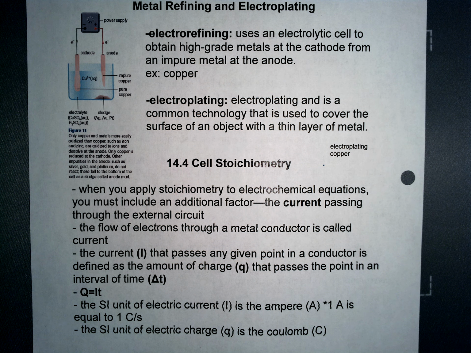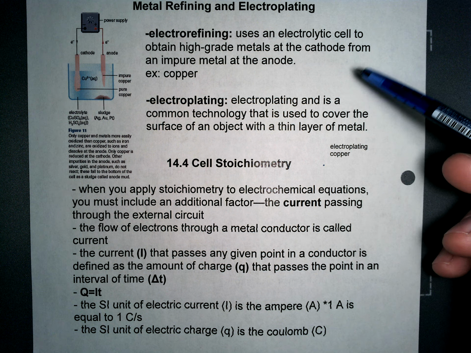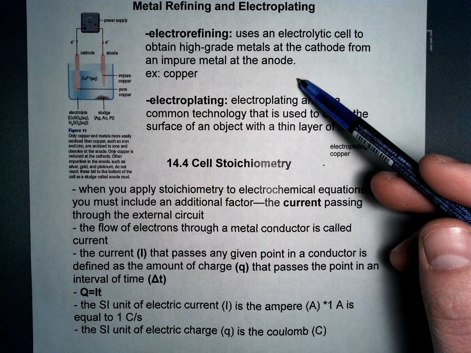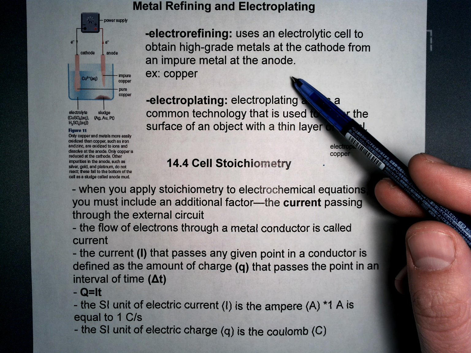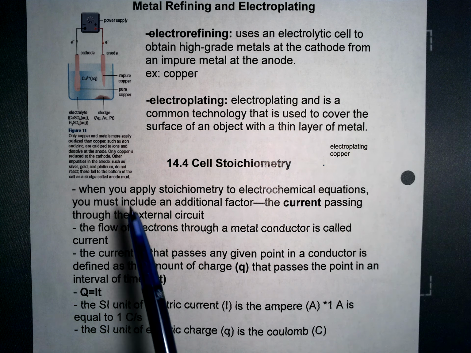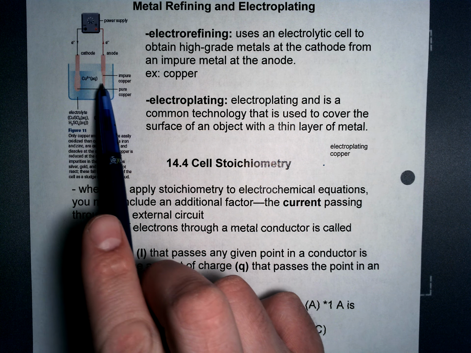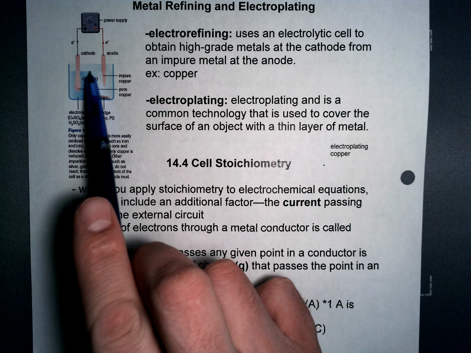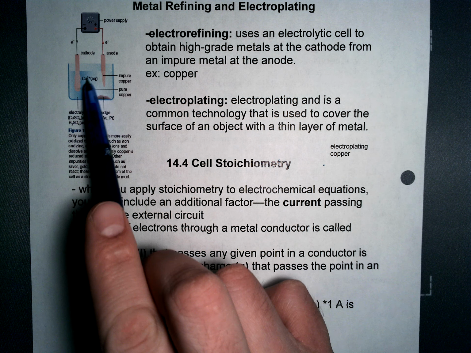So electrorefining uses an electrolytic cell to form a high-grade metal at the cathode from impure metal at the anode. So for example, with copper, we put the impure metal here, and then we have a pure metal here. The only thing in the solution would be copper 2 plus, and I guess it'd have some sort of negative anion.